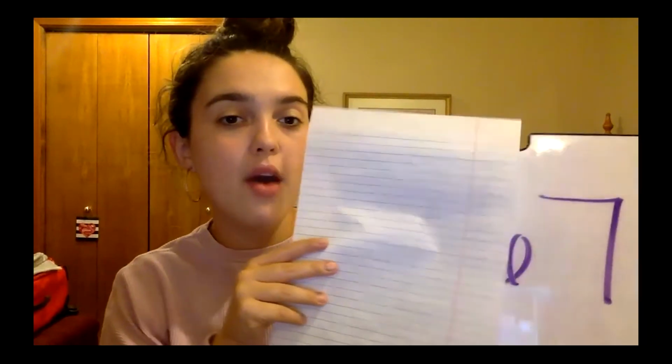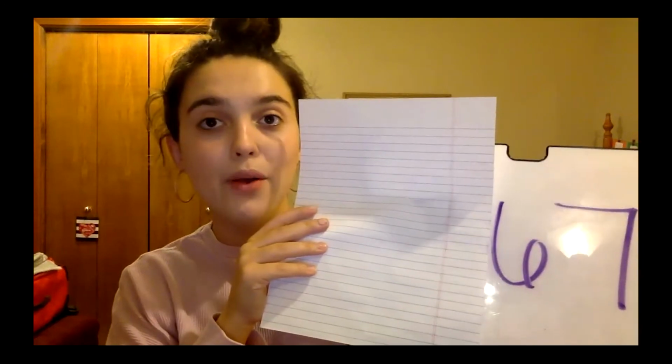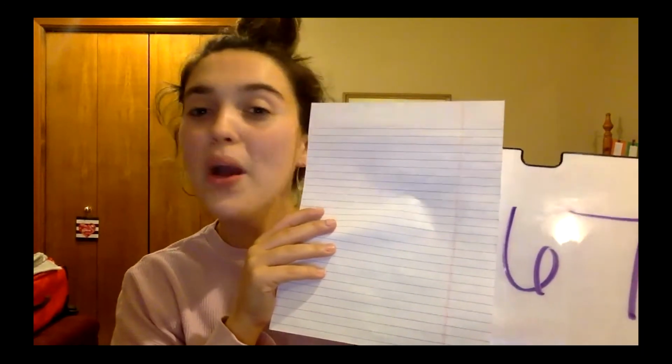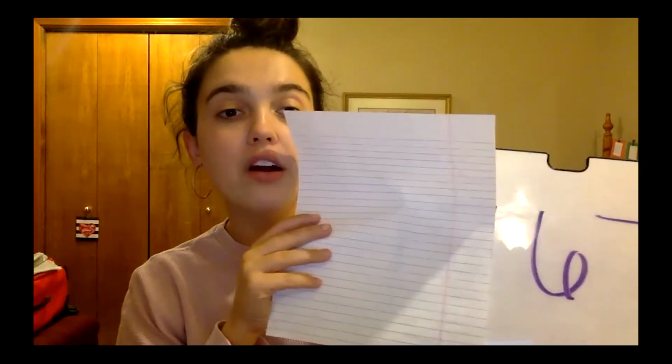So I know I have 7 ones. Now I just move it 1 over. Okay, how many tens? What's that number? 6. So I know I have 6 groups of 10. And then I move it over 1 more and say, how many groups of hundreds do I have? 7. You can cover up the other numbers if they are confusing you or if you're feeling like it's just too much information to take in at once.